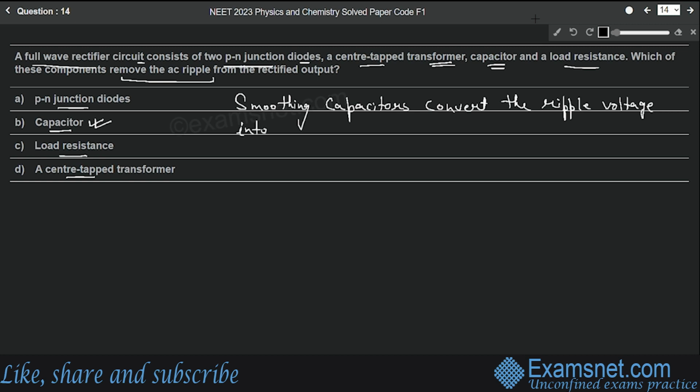Okay, into a smoother DC voltage. So this way they are used to remove the ripple, AC ripple, from the rectified output. So option B will be the correct answer.